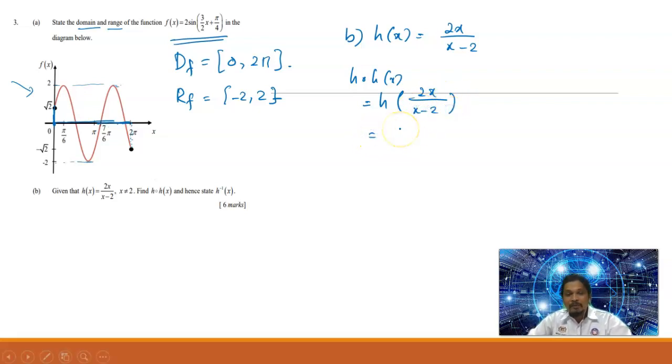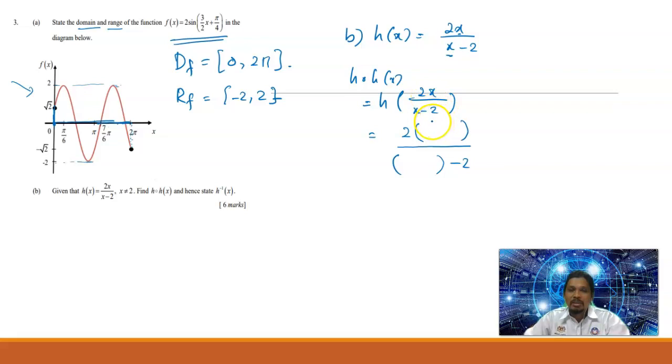For composite function, we are going to substitute the whole function of h into the x of the h. So which means that here it is now 2x divided by x minus 2.